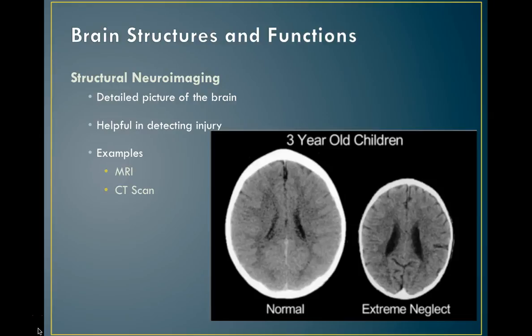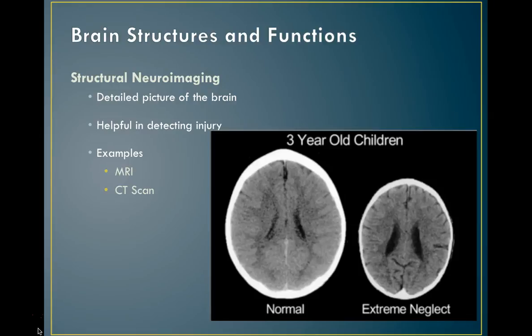Structural neuroimaging, not surprisingly, is often used to give us a detailed picture of the brain. It's oftentimes helpful in detecting a traumatic brain injury someone might have experienced as a result of a car accident or even drowning, those types of things. Ways in which we can do structural neuroimaging include MRIs and CT scans, and this is just one example.